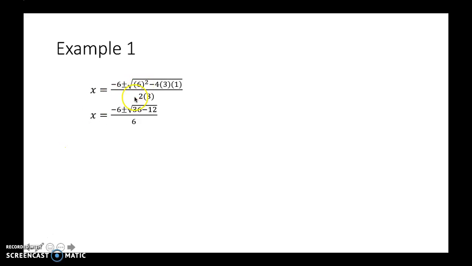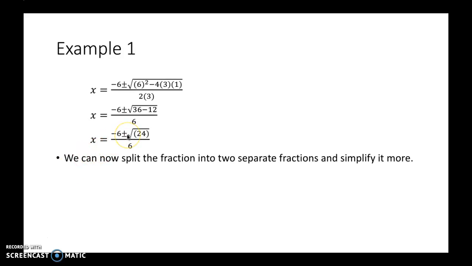So by combining all of the terms in the first part of the equation, we get x equals -6 plus or minus the square root of 36 minus 12, all over 6. And then we can just subtract 36 minus 12 to get 24 inside the square root.